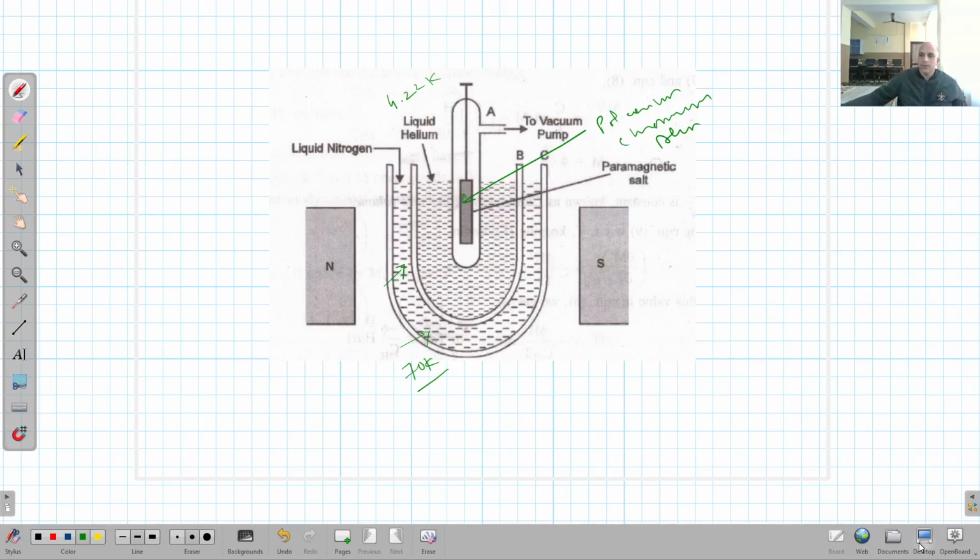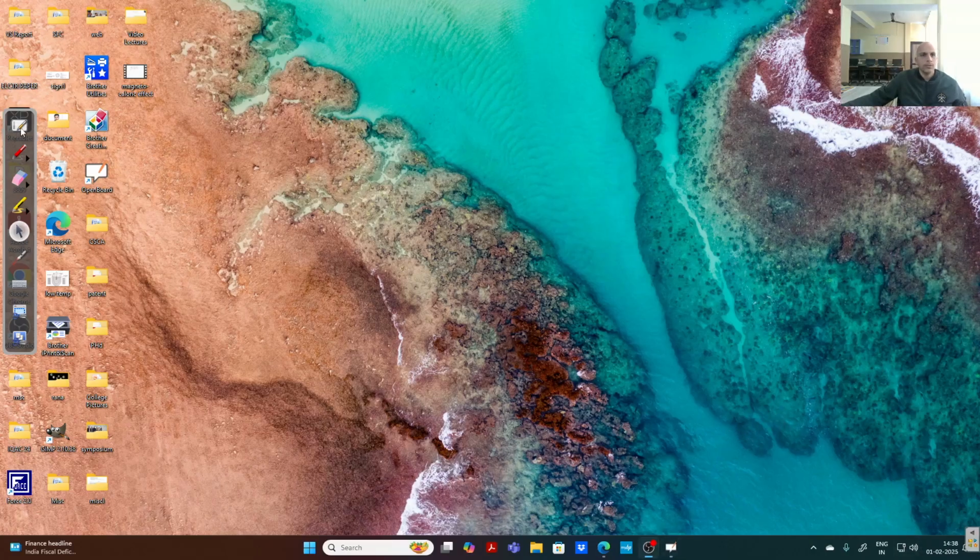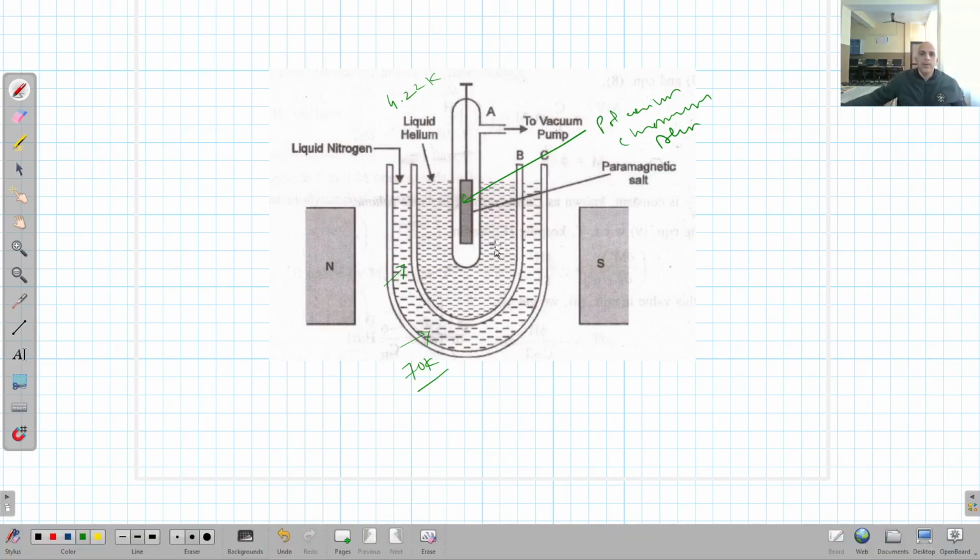So what we will do, we will first of all switch on the magnetic field. Clear? Apply H magnetic field. Now what will be the effect of this magnetic field on this paramagnetic material? We have seen it in the earlier lecture. The magnetic dipole moments of this material will tend to align in the direction of the magnetic field.